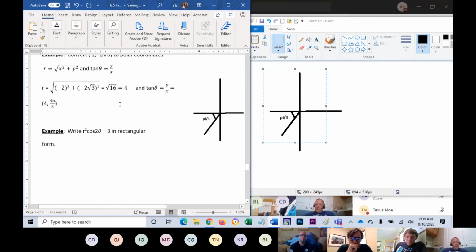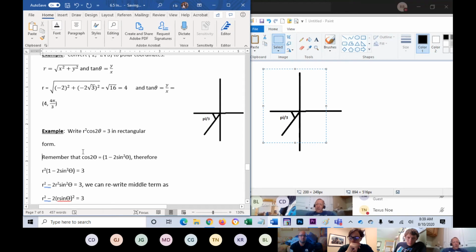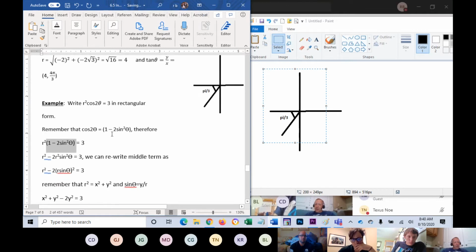Okay, so write r squared cosine 2 theta equals 3 in rectangular form. Actually, this one's a little trickier. So remember from our identities that we've already forgotten, cosine of 2 theta equals 1 minus 2 sine squared of theta. So I can rewrite cosine of 2 theta as 1 minus 2 sine squared of theta. So we've got r squared minus 2r squared sine squared theta equals 3.